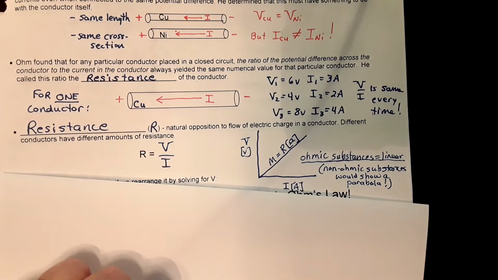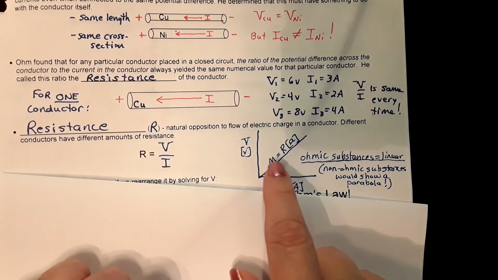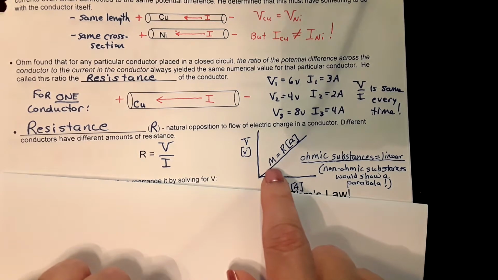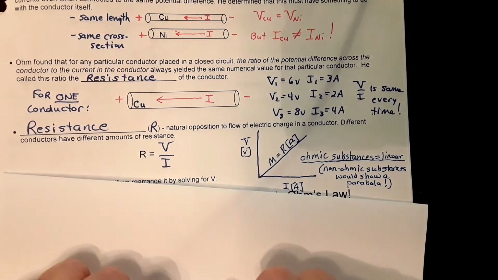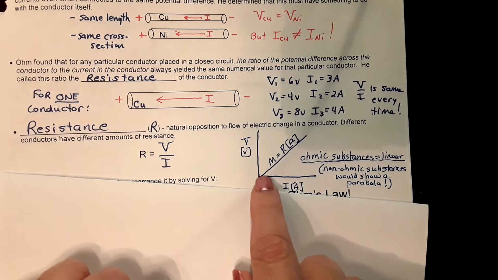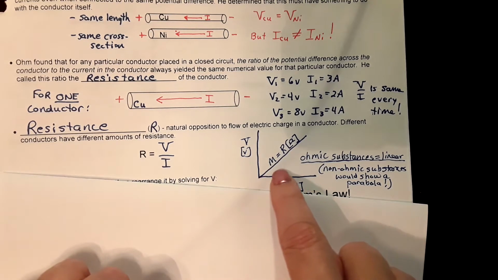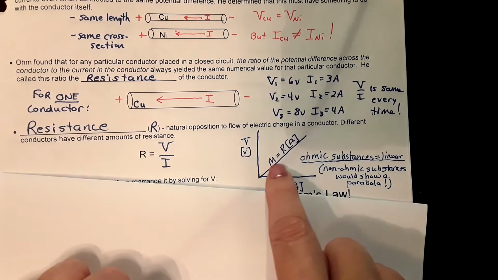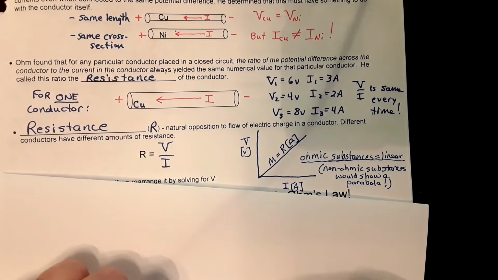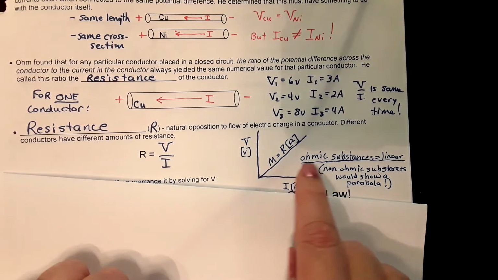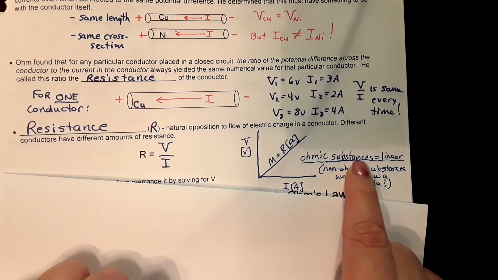That is, they increase the amount of resistance as the current increases because current produces heat from friction between the electrons and the atoms. So you get a curve if it is non-ohmic instead of linear. Now, for our purposes, all of our problems, we're going to be using ohmic substances, not non-ohmic substances.